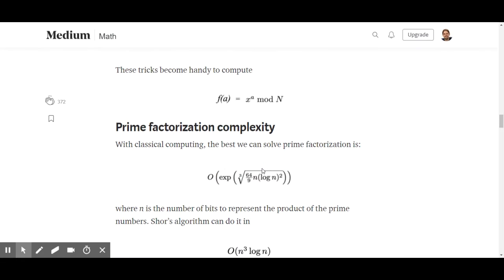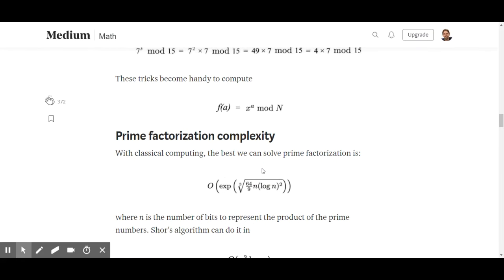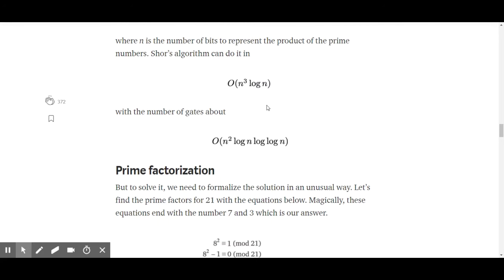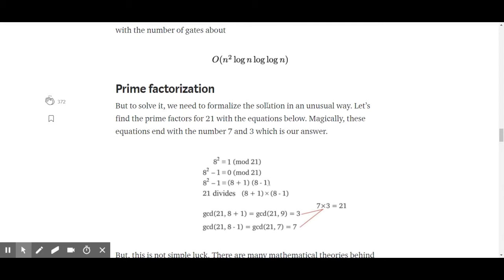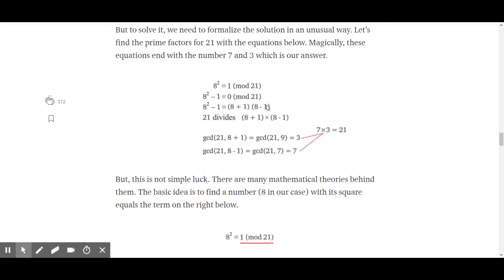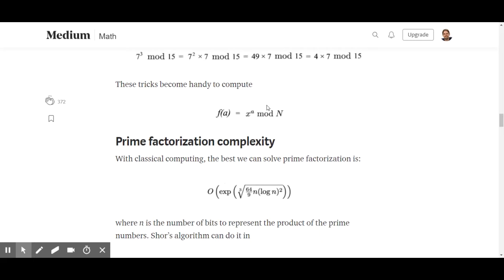So you're picking a number x, and then you're trying to find the period.